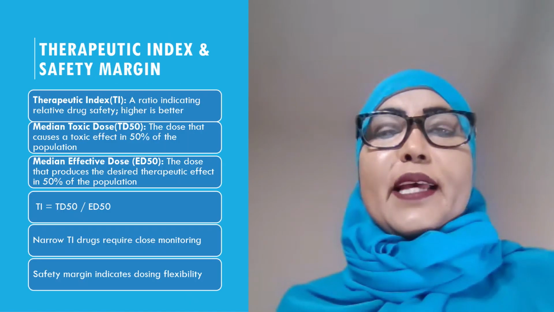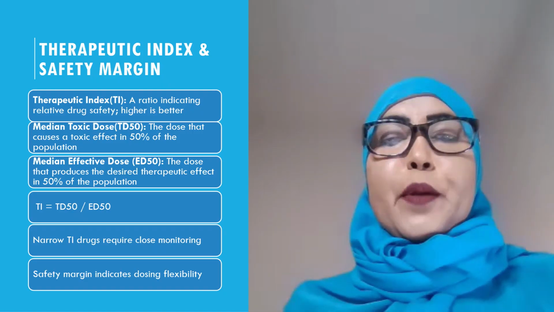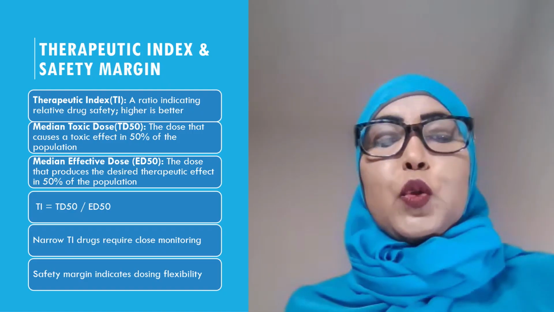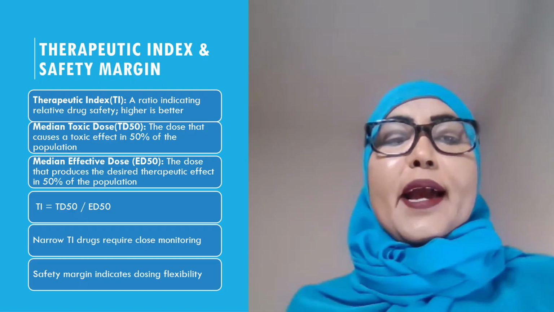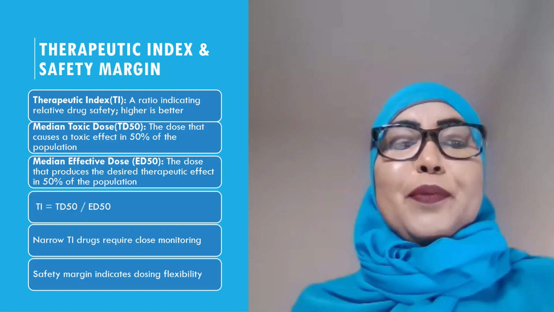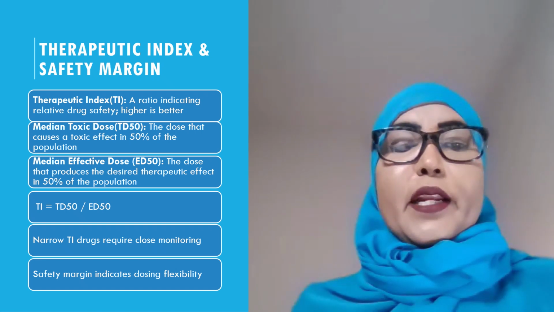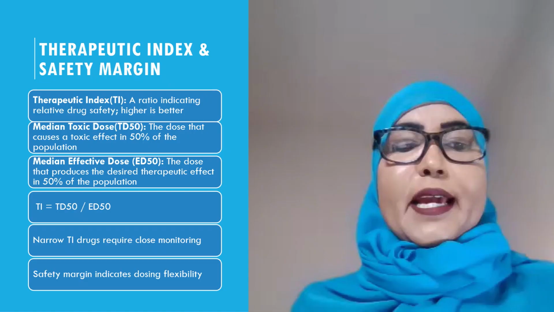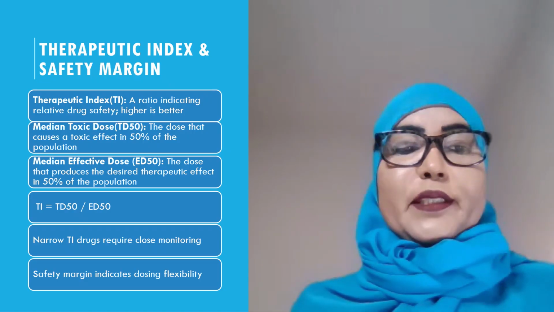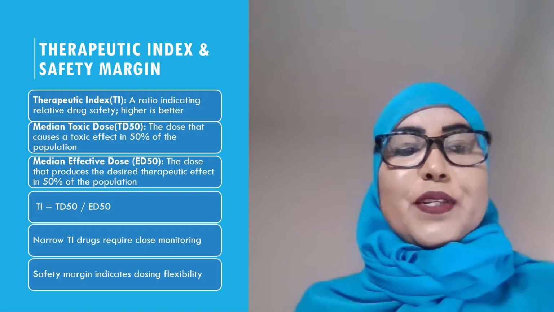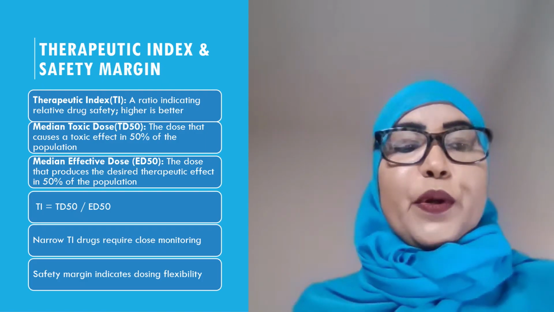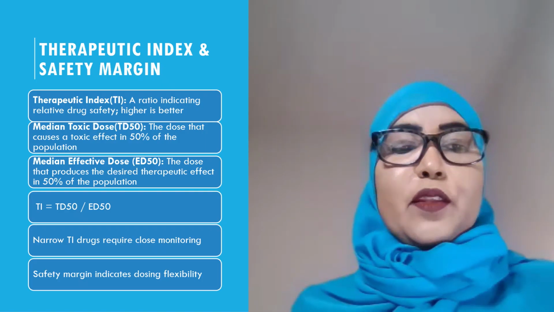Therapeutic index and safety margin. Therapeutic index is a ratio indicating relative drug safety, and higher is better. Median toxic dose is the dose that causes toxic effect in 50% of the population. Median effective dose is the dose that produces the desired therapeutic effect in 50% of the population.